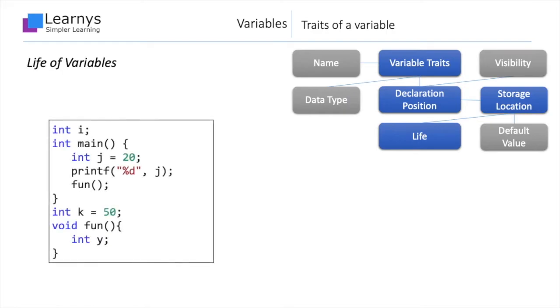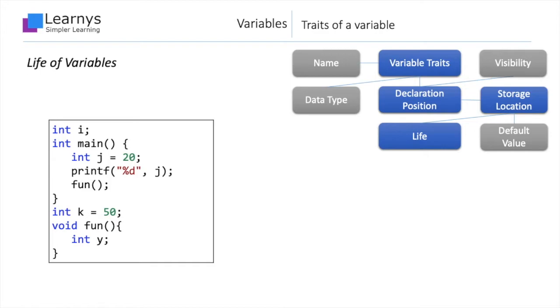Let us take this sample code, where we create 4 variables i, j, k and y. Of these variables, i and k are in the file scope while j and y are block scope variables. Let us see the execution and what we can derive about it.